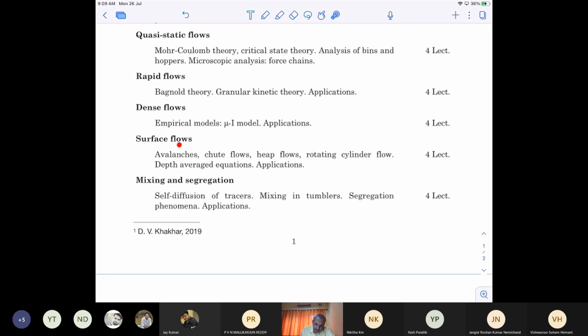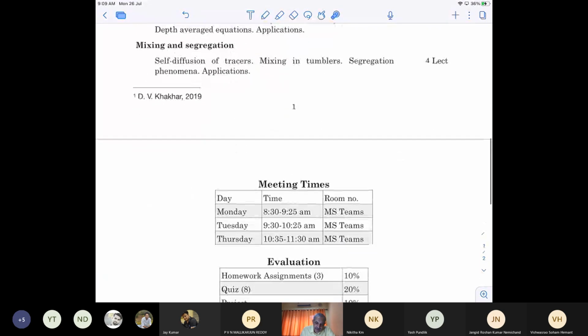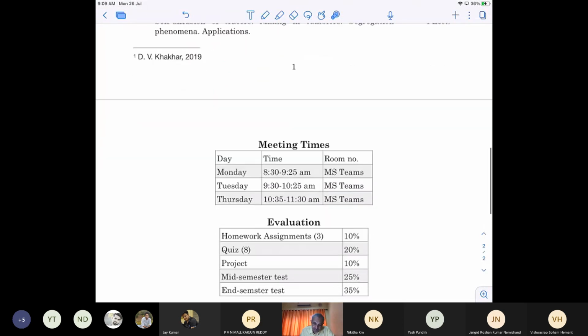In these types of flows, you can make some approximations that the flowing layer is quite thin, so you can just average across the layer and then you get simple equations which you can apply to many systems. And then we'll talk about mixing. And if time permits, after all this is over, I've not written it down, but we'll do a little bit about fluidization and so forth.